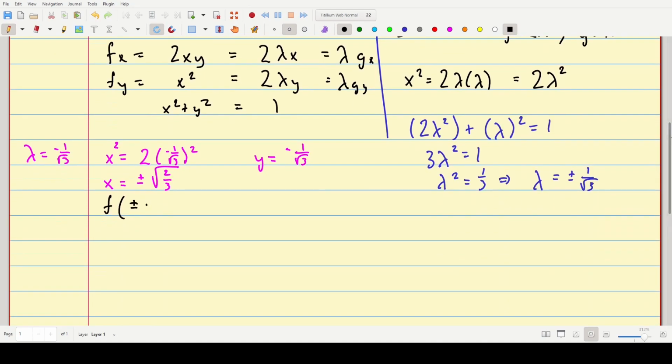So if we do plus or minus the square root of 2/3 and negative 1 over the square root of 3, we're going to get this as our answer.